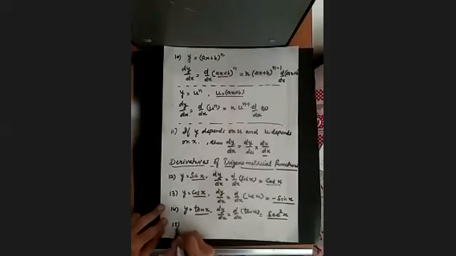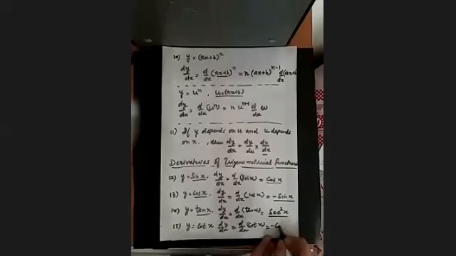And one more, if y is equal to cot x, then differentiation of y with respect to x is equal to d/dx of cot x, and its answer is minus cosecant square x.